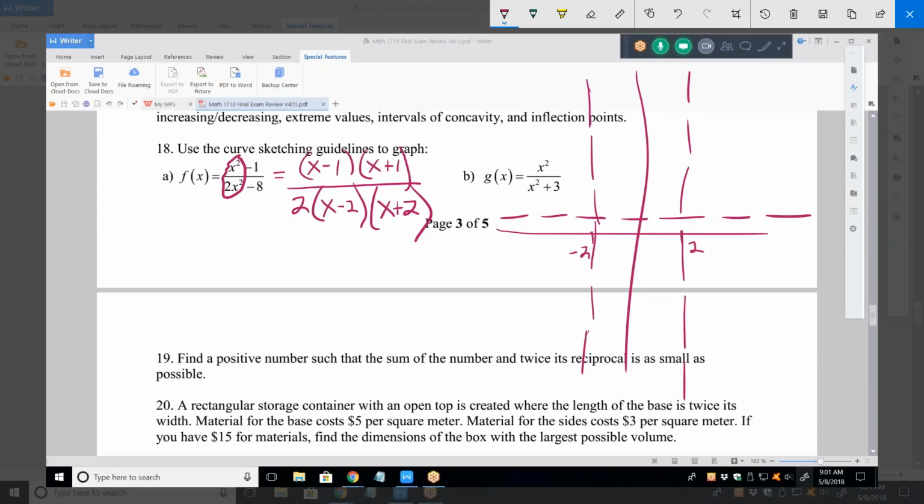So one thing that would be nice to know is, does it cross the x-axis? Okay. I'm going to go ahead and draw a good guess.